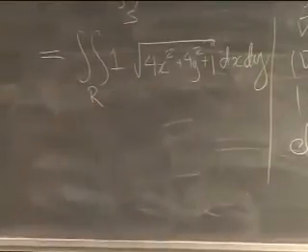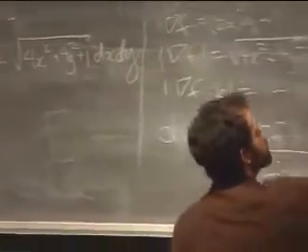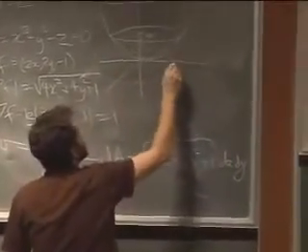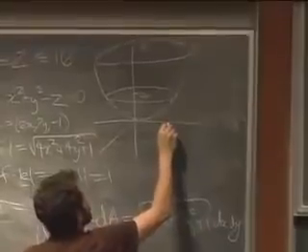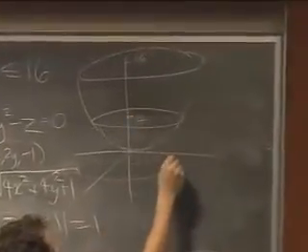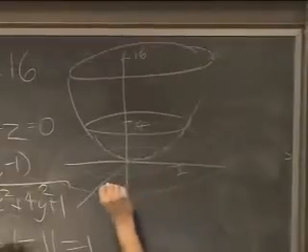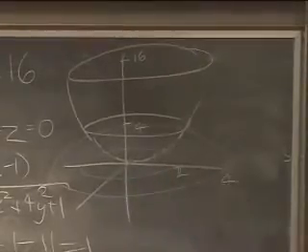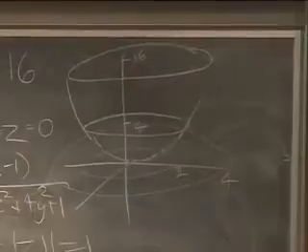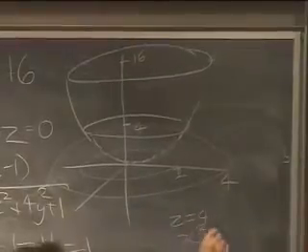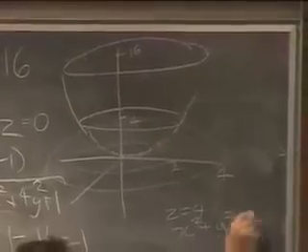We just have to identify R, and if you think about it, when you project it down, the shadow is a circle. When z equals 4, we're dealing with x squared plus y squared equals 4.